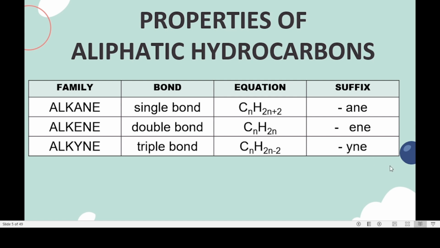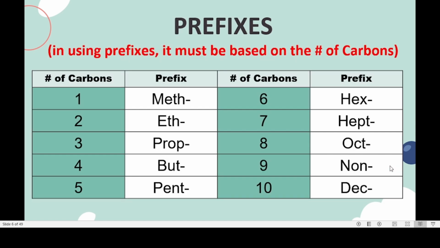Now, if there is a suffix, there is also a prefix. The prefix in hydrocarbons is based on the number of carbons present in a compound. If a compound has one carbon, you must use the prefix meth. If it has two carbons, use eth.